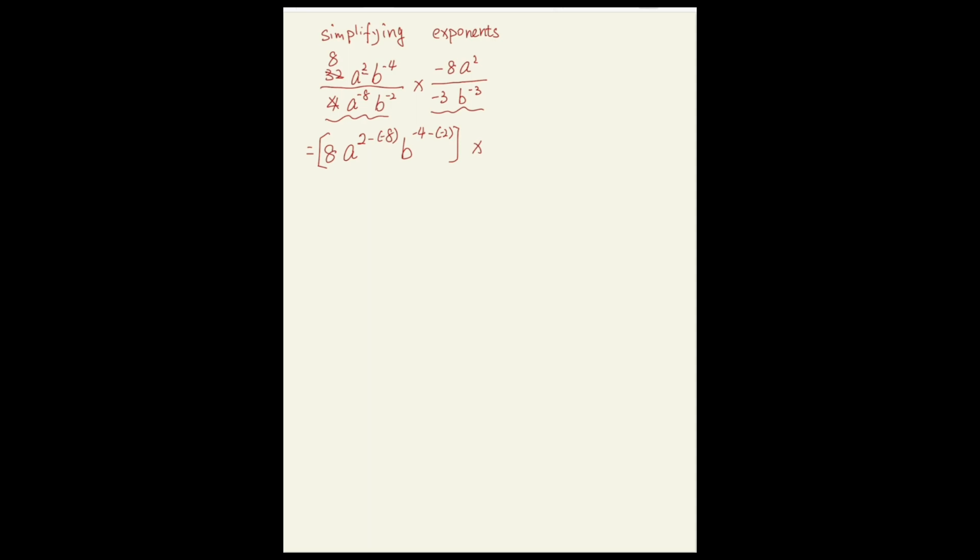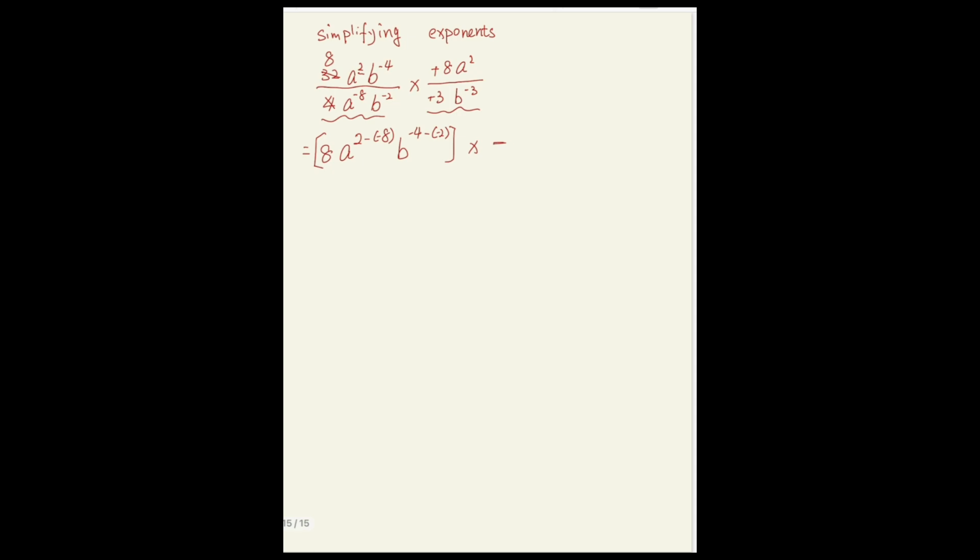For part 2, the coefficient: negative divided by negative is positive, so the coefficient is 8/3, and a squared, and b to the power of negative 3.